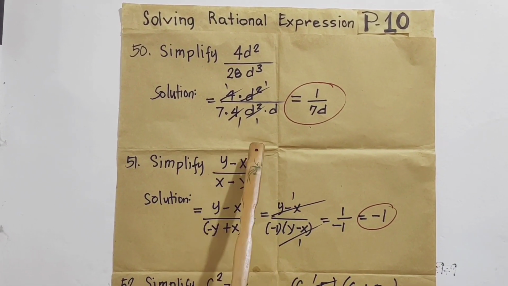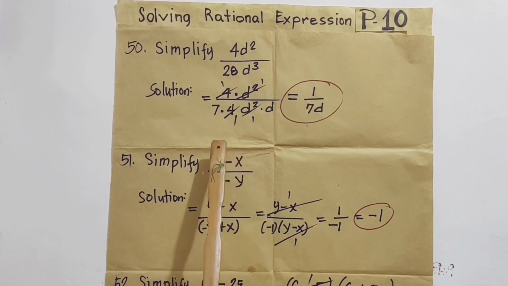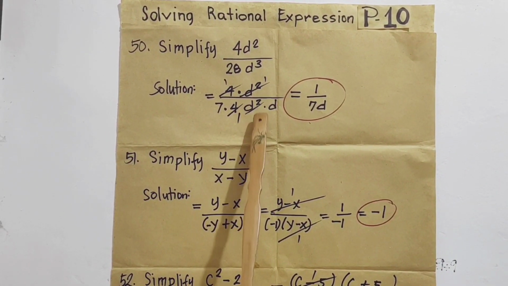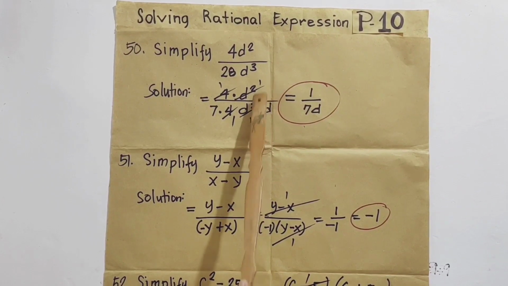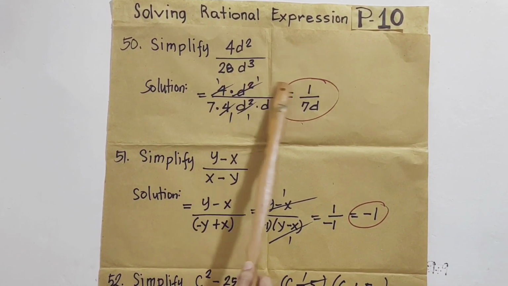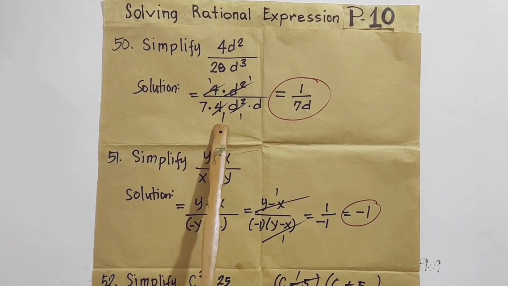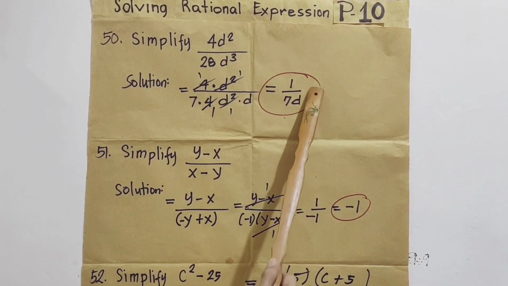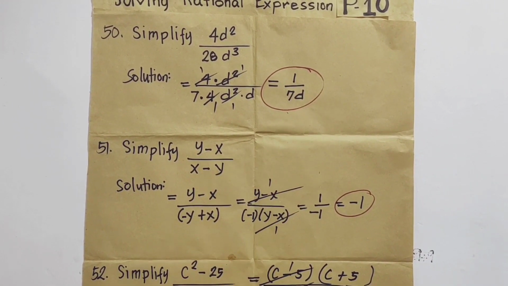Then after the factoring, our next step is cancellation. You have to cancel the 4 and write 1, cancel d squared, 1, 1. Then multiply 1 times 1 equals 1, and 7 times 1 times 1 equals 7 times d equals 7d. So our answer is 1 over 7d.